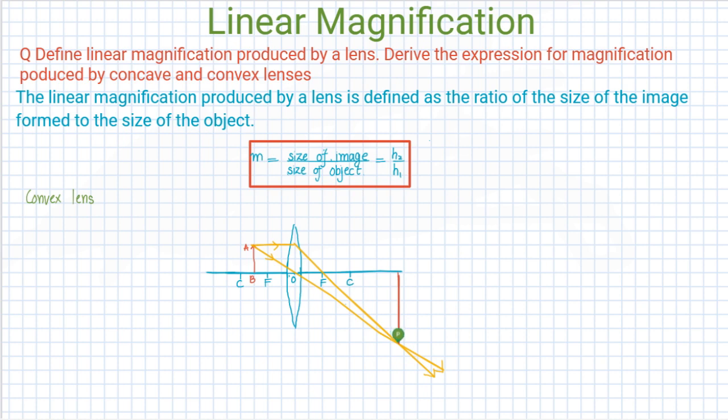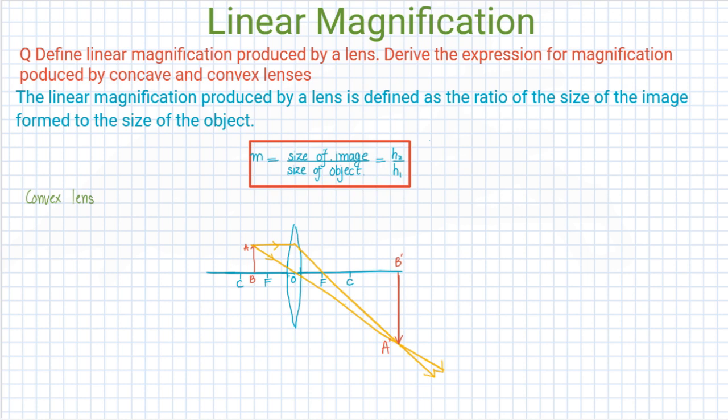Fine. So this image is A dash and B dash. Thus your object AB forms the image A dash B dash.